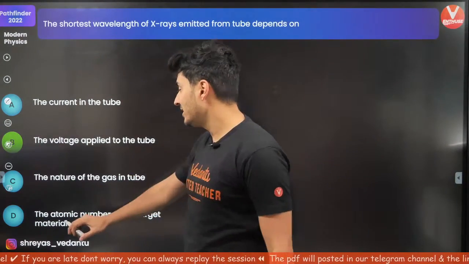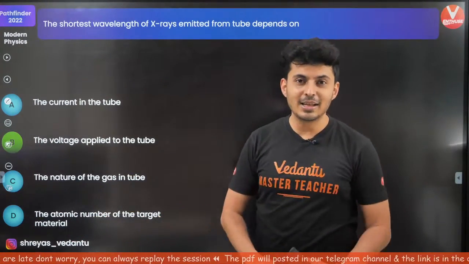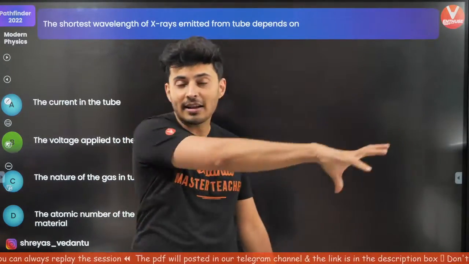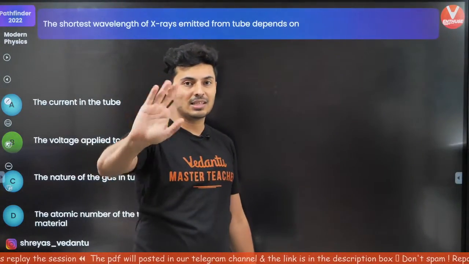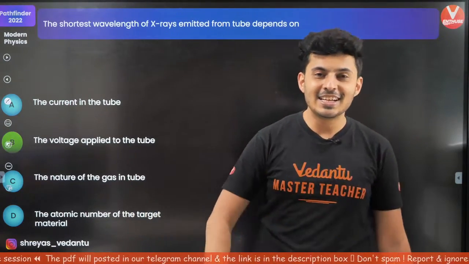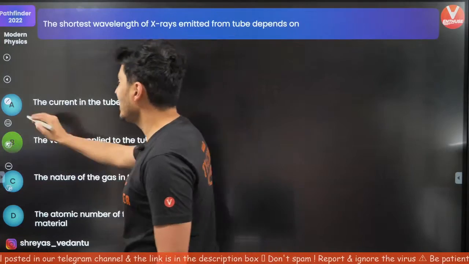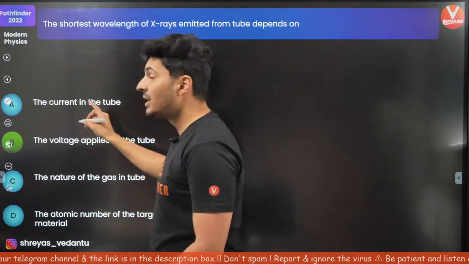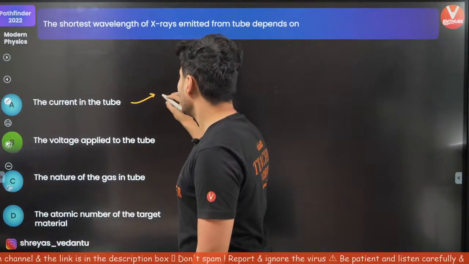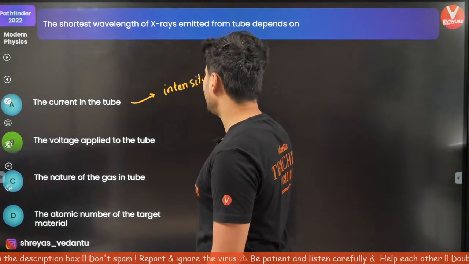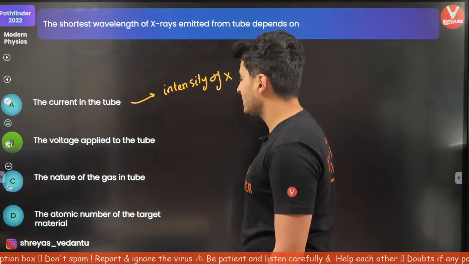There is one interesting thing which the target material does, and that's what we are going to see next. When you change the target, the continuous X-rays do not get affected, but you will see that the characteristic X-rays will be affected. So very important things that you should know. Sometimes these questions also can be asked. The current will change the intensity of the X-rays.